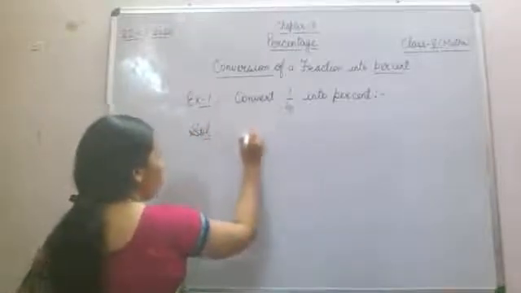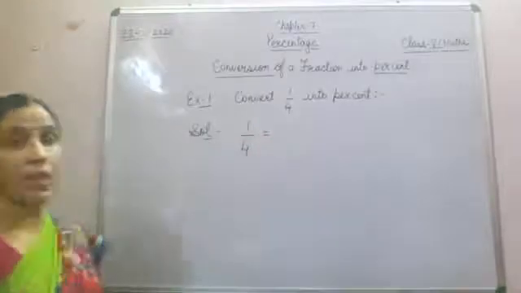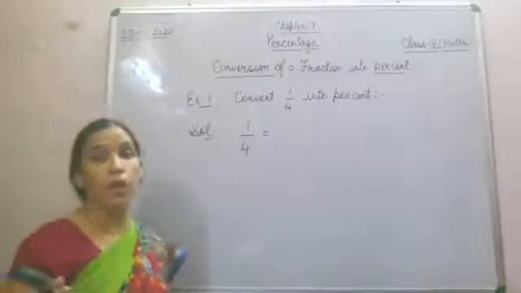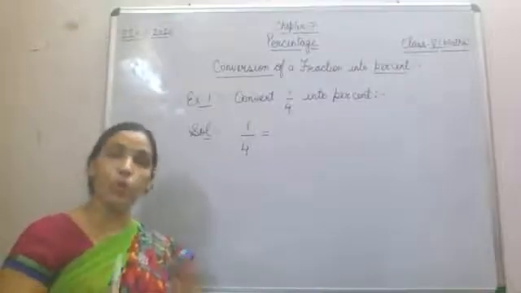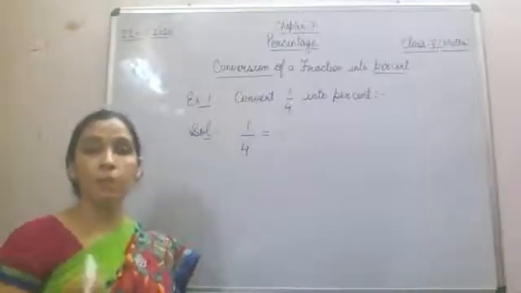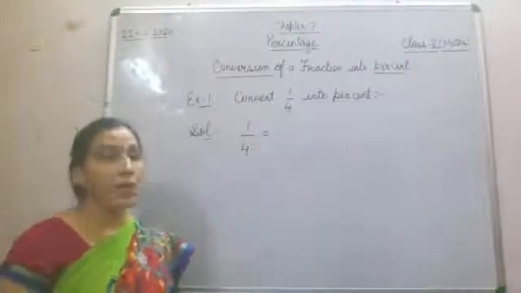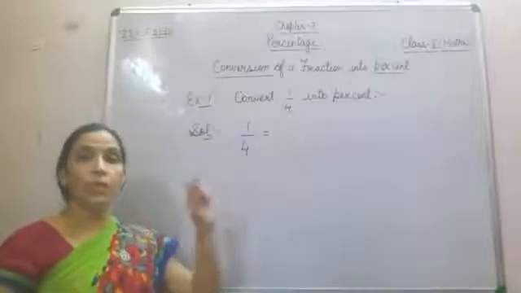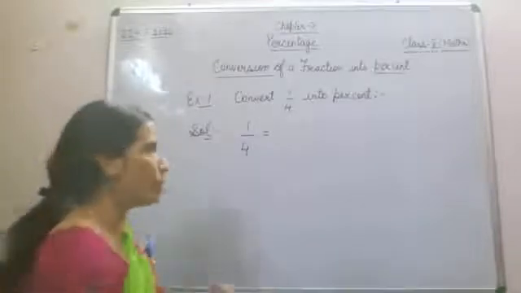Now you have been given this fraction 1 by 4. Now 4 will be multiplied by which number so that it becomes 100? That you have to think, because whichever number you find, it will be multiplied with this number. Then what will we do? The same number will be multiplied in the numerator also.